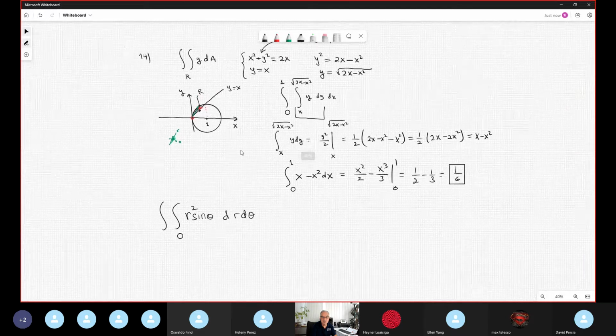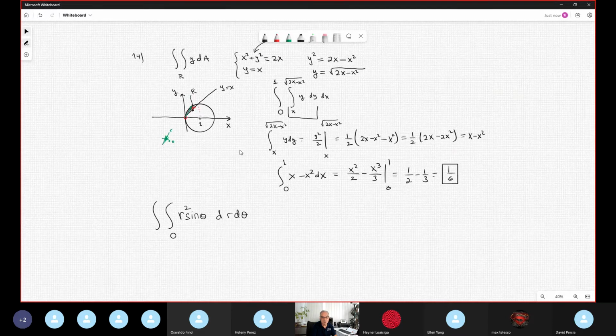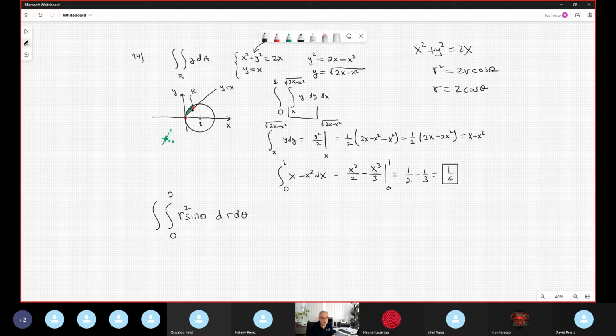I forgot. Well, remember this is the formula: x squared plus y squared equal to x. R squared is equal to r cosine theta. Therefore, r is equal to cosine theta.